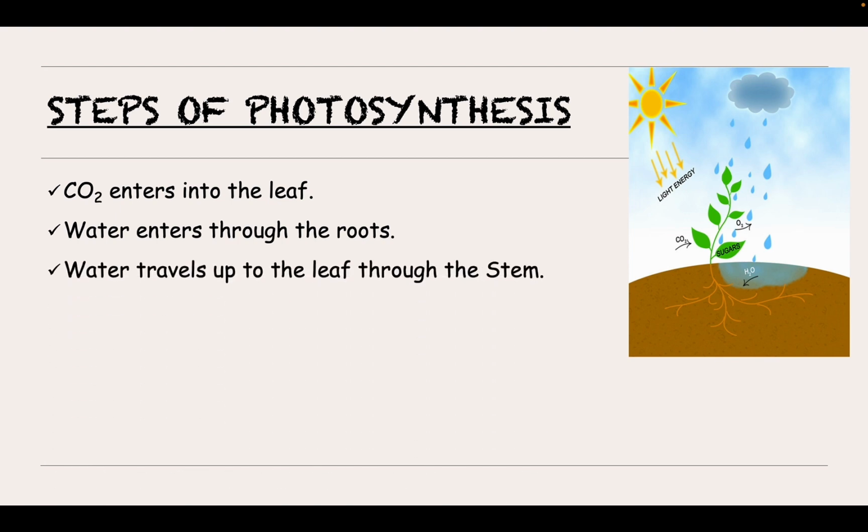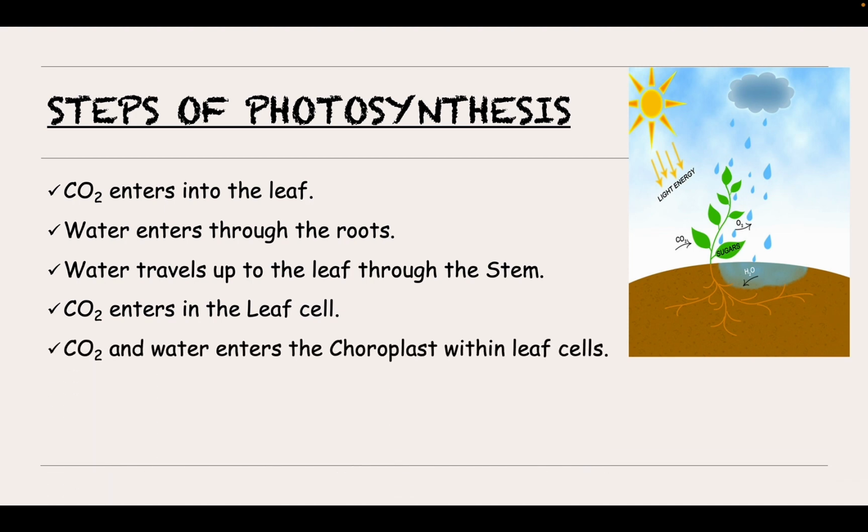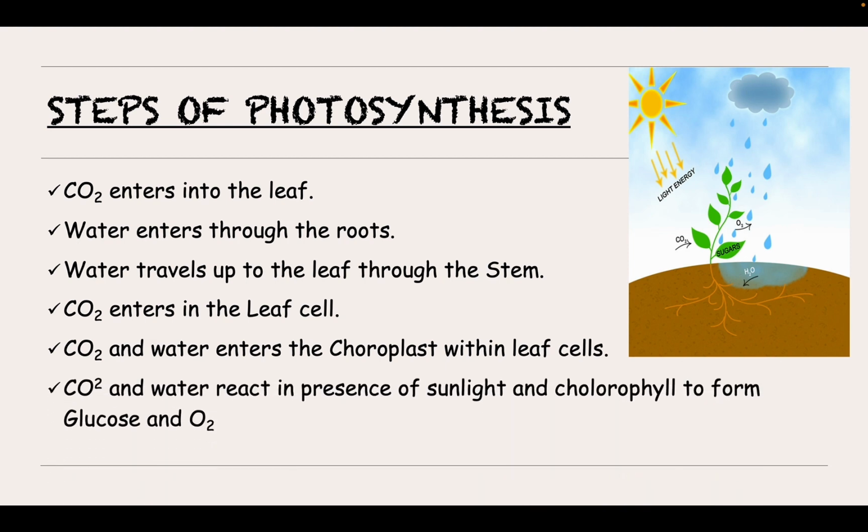Water travels up the leaf through the stem, and carbon dioxide enters the leaf cell. Carbon dioxide and water, they both enter the chloroplast, which is present inside the leaf cell, and then they react in presence of sunlight and chlorophyll to form glucose, and oxygen is released in the air. These are the 6 steps of photosynthesis.